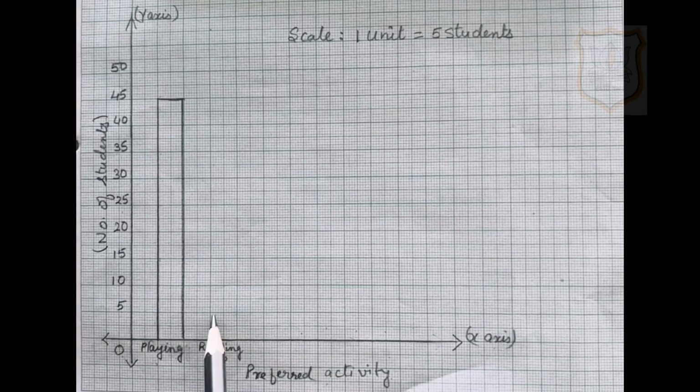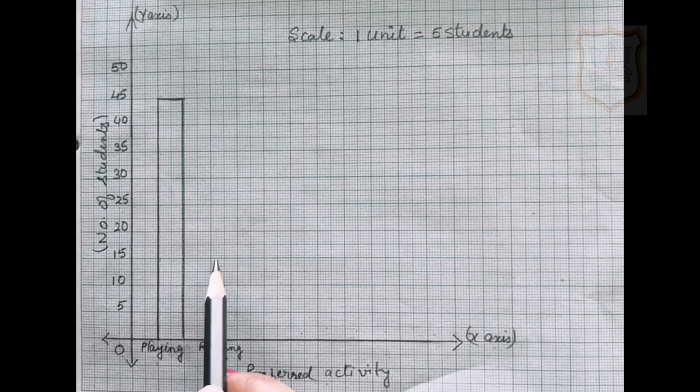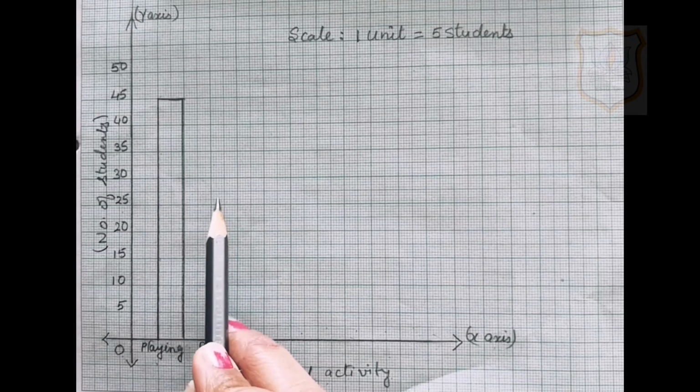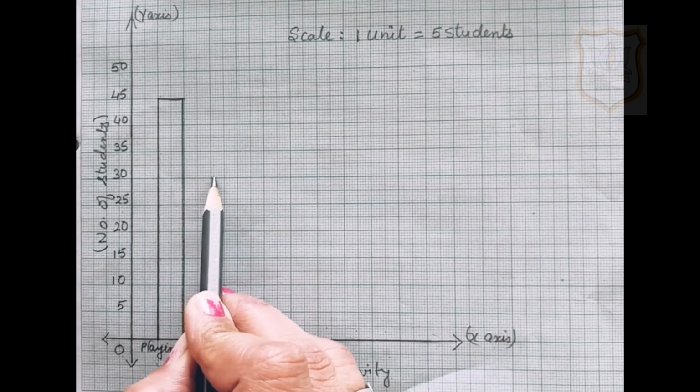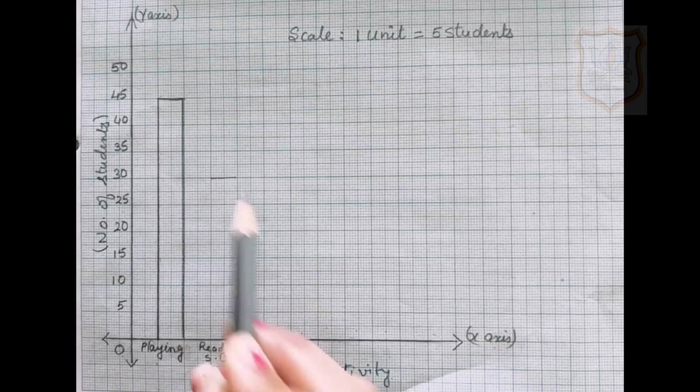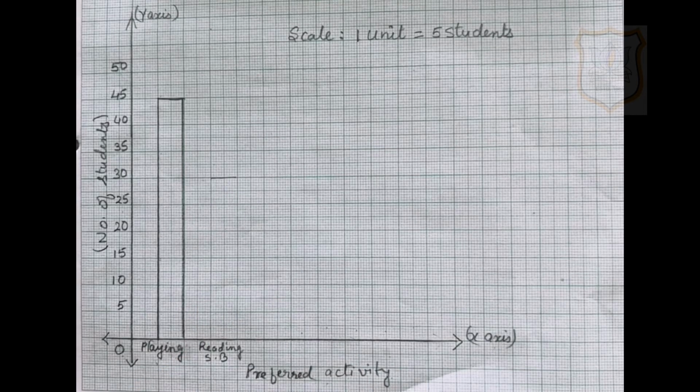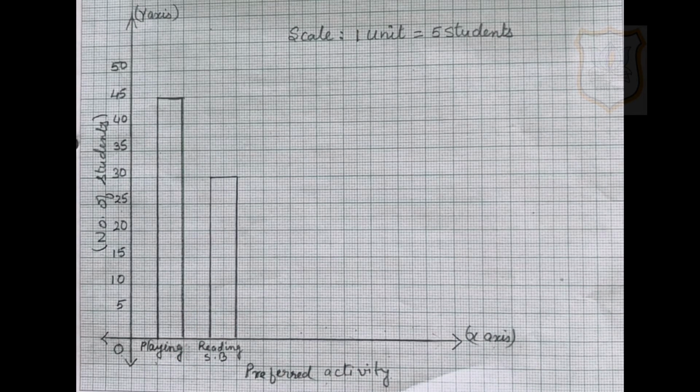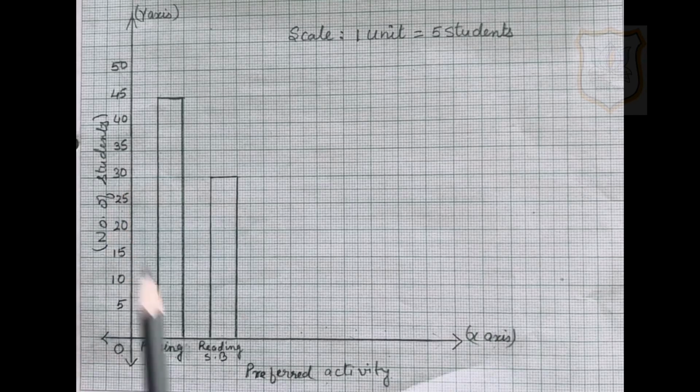Now students, here this much is 5, 10, 15, 20, 25 and 30. This much height will represent the students preferred reading storybooks. In this way, we will draw a vertical bar which will represent that 30 students preferred reading storybooks.